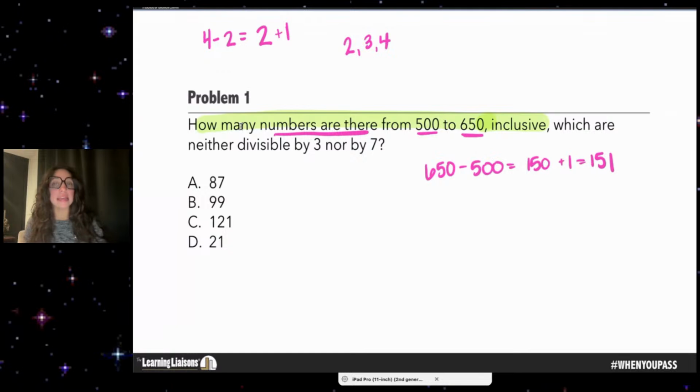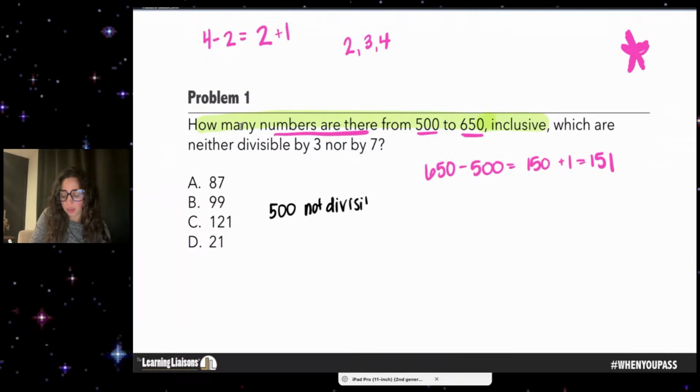I know 500 is not divisible by 3. And even though this problem is a high school problem, knowing your divisibility rules is really something everybody should know. If a number is divisible by 3, then the digits added up would be divisible by 3. So I know that 500 is not divisible by 3 because 5 plus 0 plus 0 equals 5, and 5 is not divisible by 3.